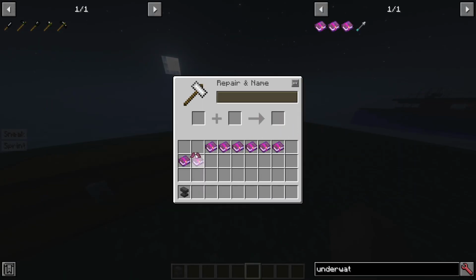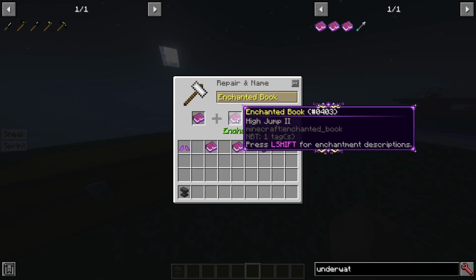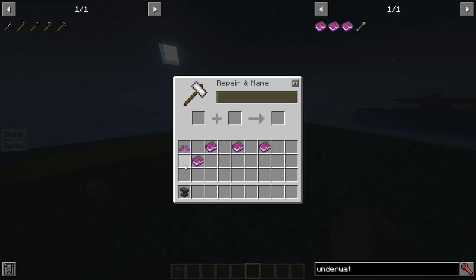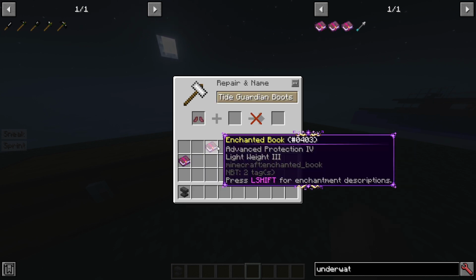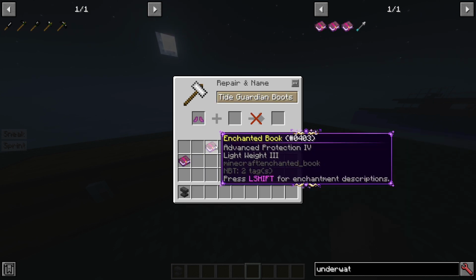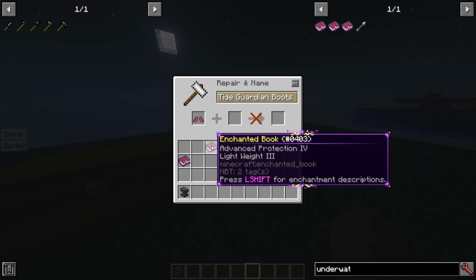So again, this is easy. You can try calculating those; this is always just the enchanting cost of those. You can try seeing if you can predict the number. How much is this going to cost? 2 levels for the Anvil use cost, 16 for advanced protection, 6 for lightweight is 24.